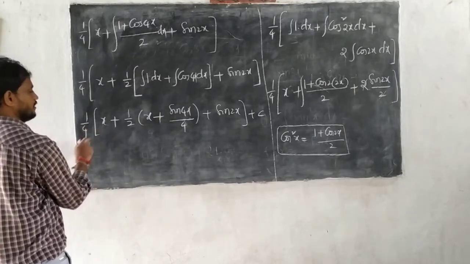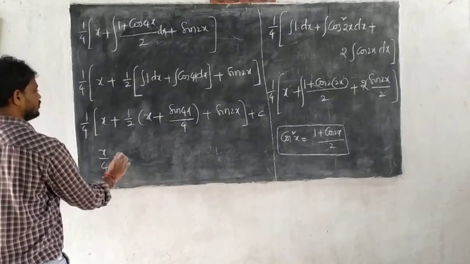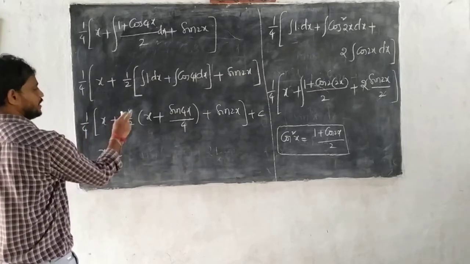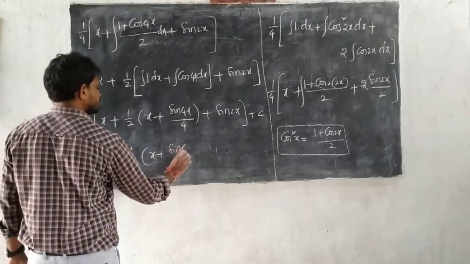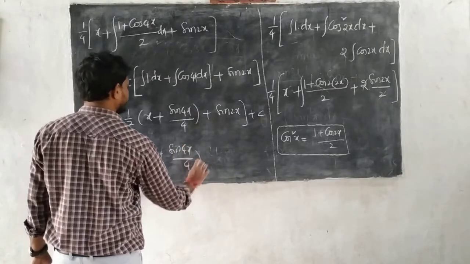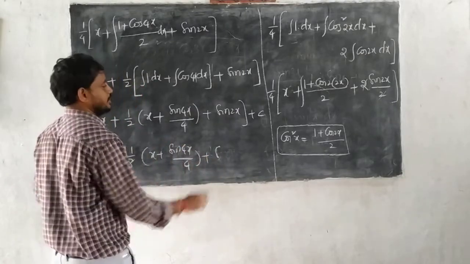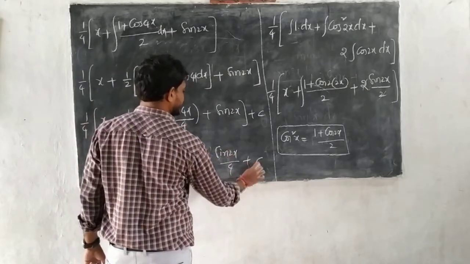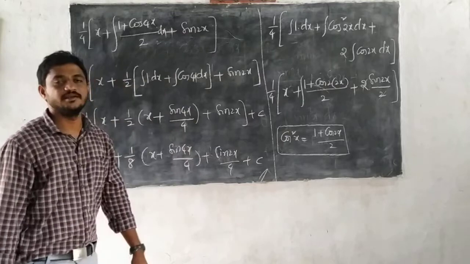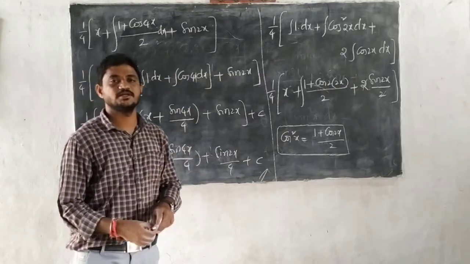Multiply with 1 by 4 inside. So we get x by 4. 1 by 4 into 1 by 2 is 1 by 8 of x plus sin 4x by 4, plus 1 by 4 into sin 2x, that is sin 2x by 4, plus c. So that is the integration of our given function.